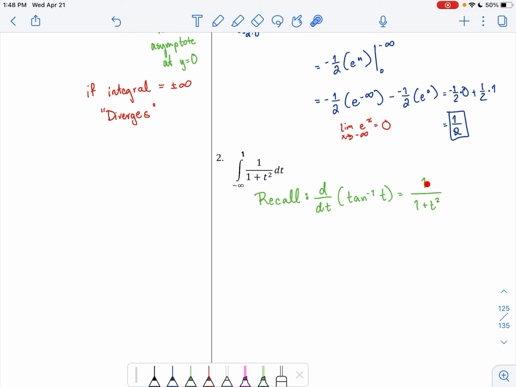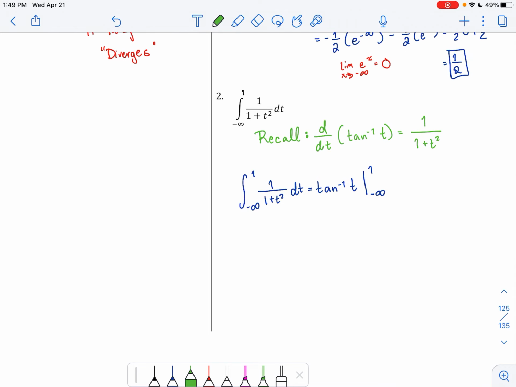This is just an unfamiliar derivative, but you will see it show up a couple of times. There's no u substitution needed, this is just the same as that function over there. So the bounds can stay negative infinity to 1, and the integral of 1/(1 plus t squared) dt is equal to tan inverse of t from negative infinity to 1.